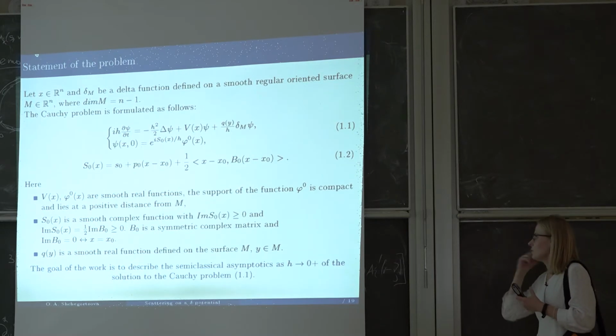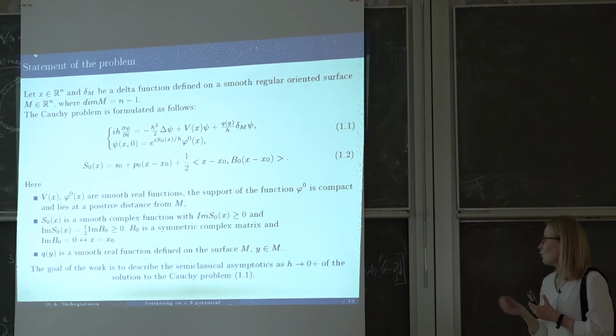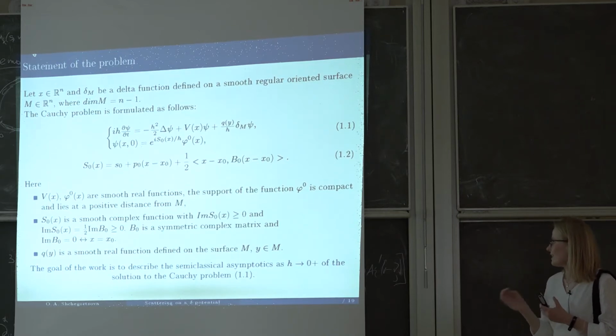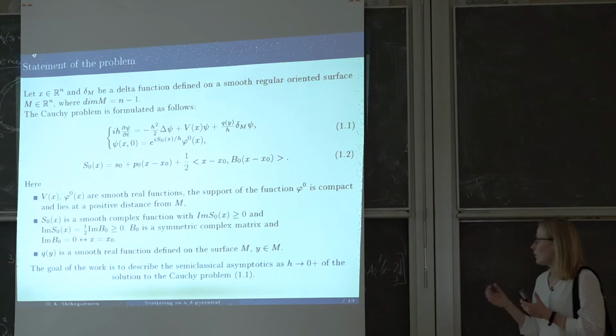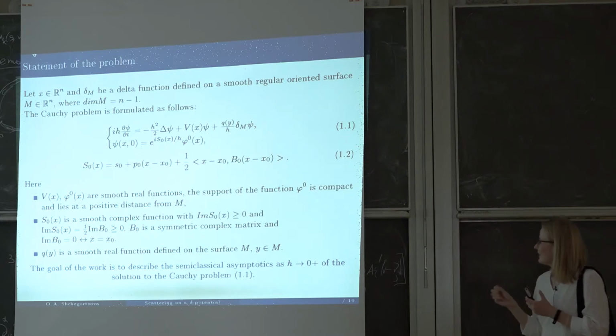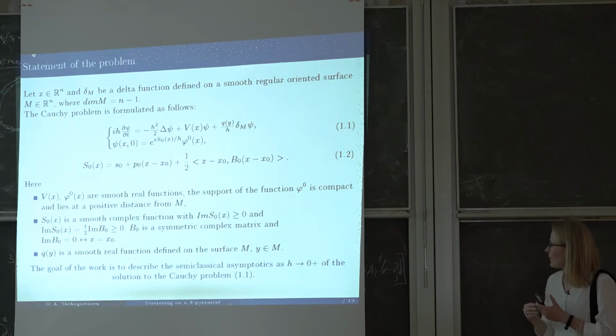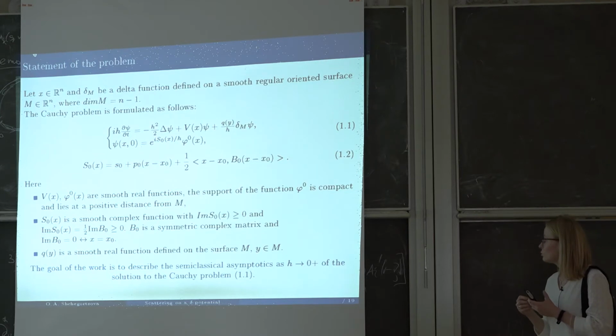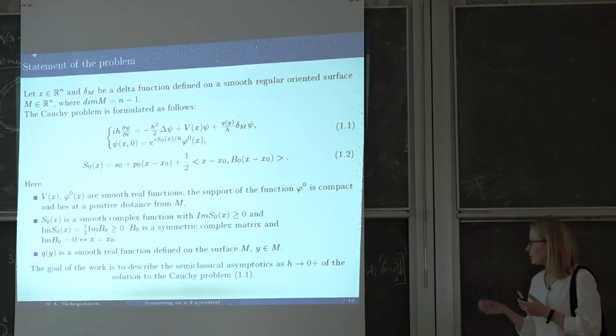It is well known that Schrodinger equations are solvable only for some potentials. That's why the asymptotic theory is really well developed. One of the ways to construct the solution is to construct a semi-classical asymptotic.